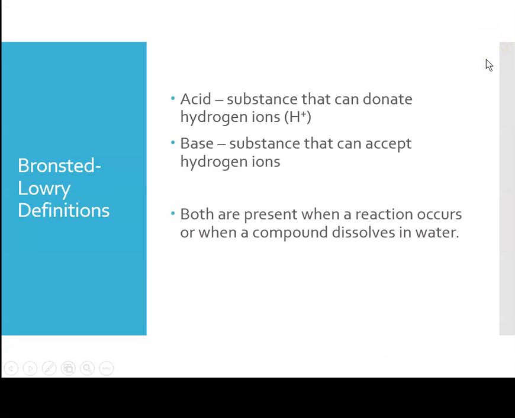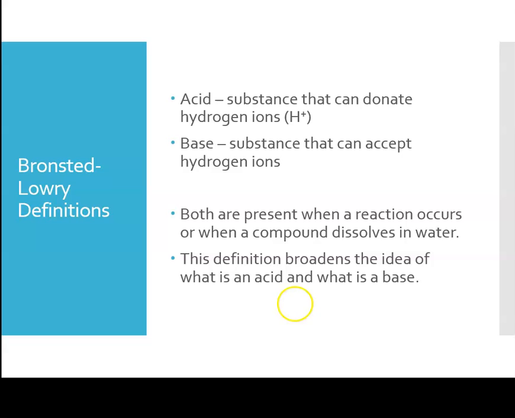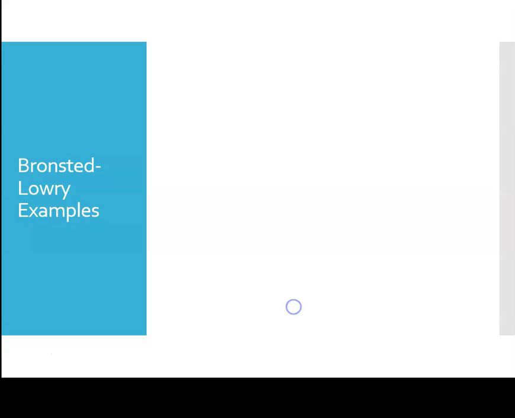Both of these are present when reactions occur when a compound is dissolved in water, and that's why we'll really focus on Bronsted-Lowry definitions. It's a simple definition that covers the majority of compounds that are considered to be acids or bases. Okay, the definition, like I said, does broaden the idea of what an acid or a base is.